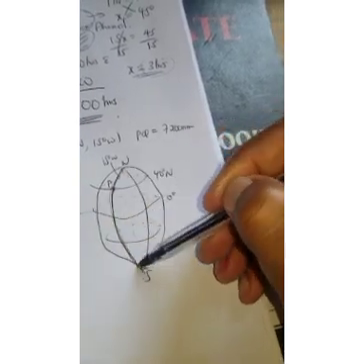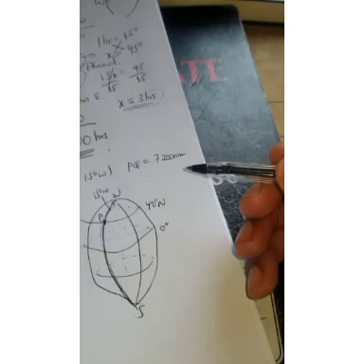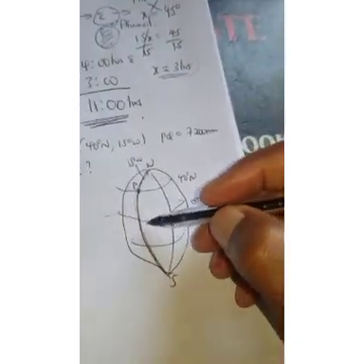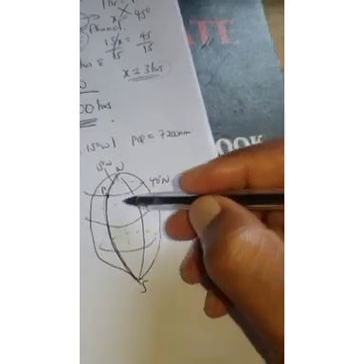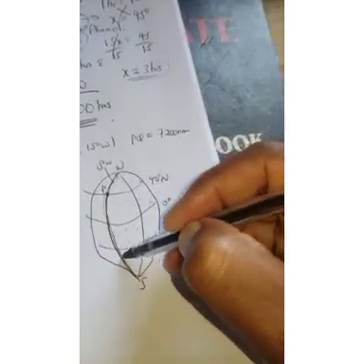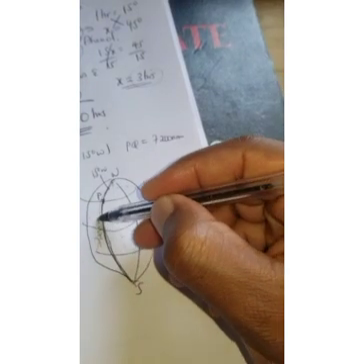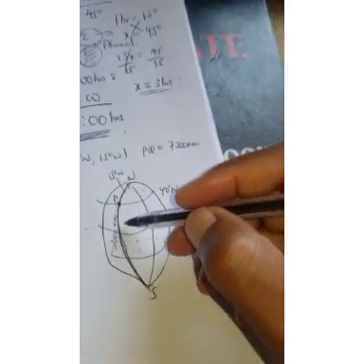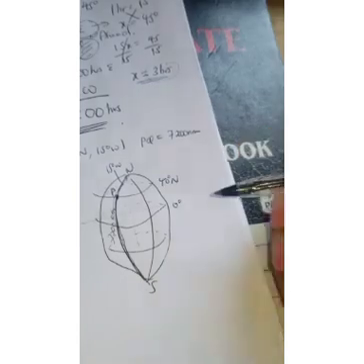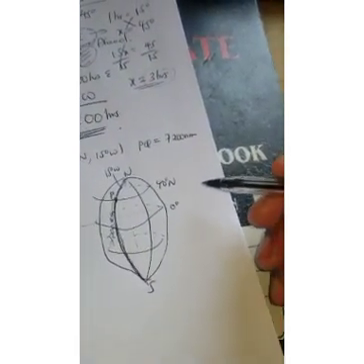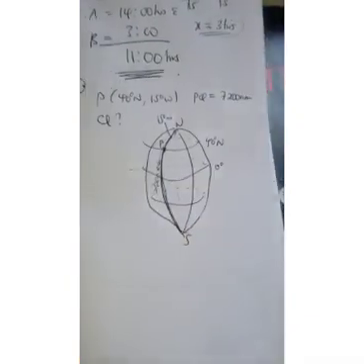It's somewhere along that line. And then the distance between P and that point Q is 7,200 nautical miles. So when you move along this line, you find the other point some distance from point P. So what is the location of that point?